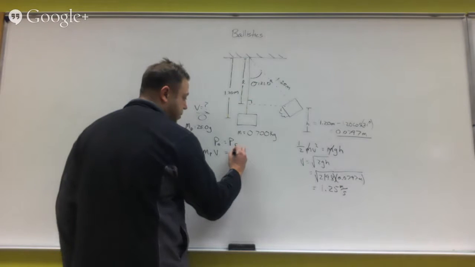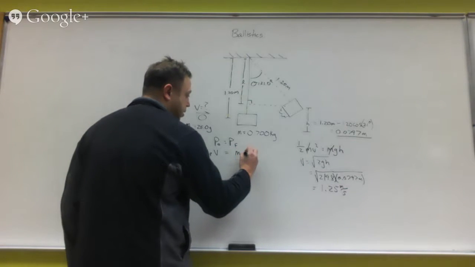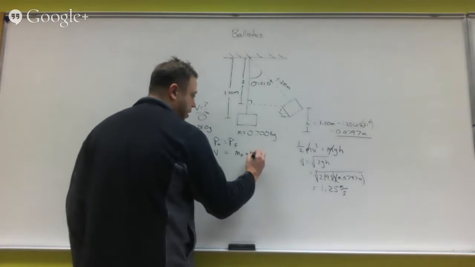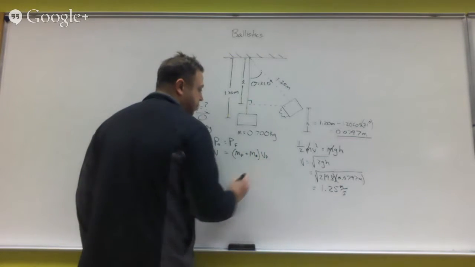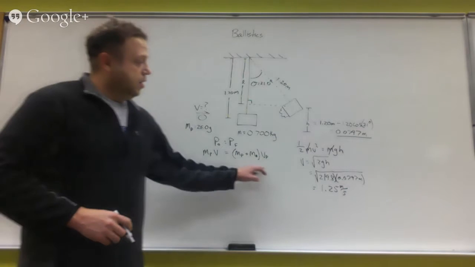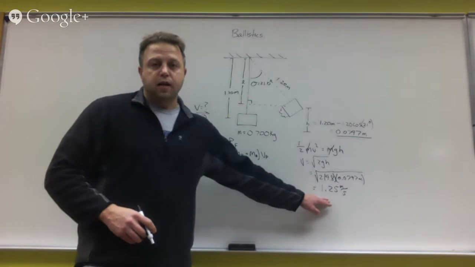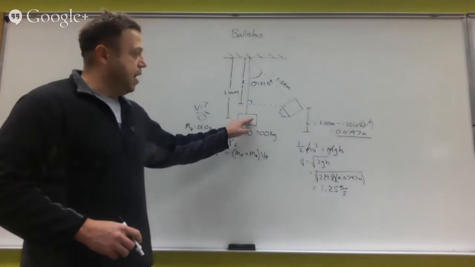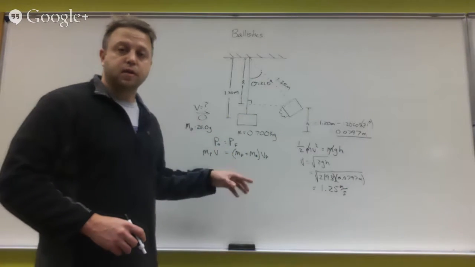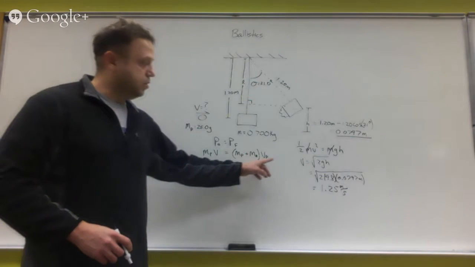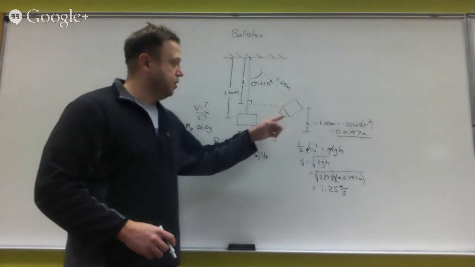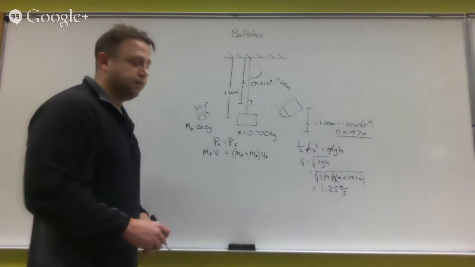So mass of putty plus mass of our block, times v final. The velocity we just calculated after the impact is the final velocity here. So this was our initial velocity for the previous problem, and it becomes our final velocity for this one.